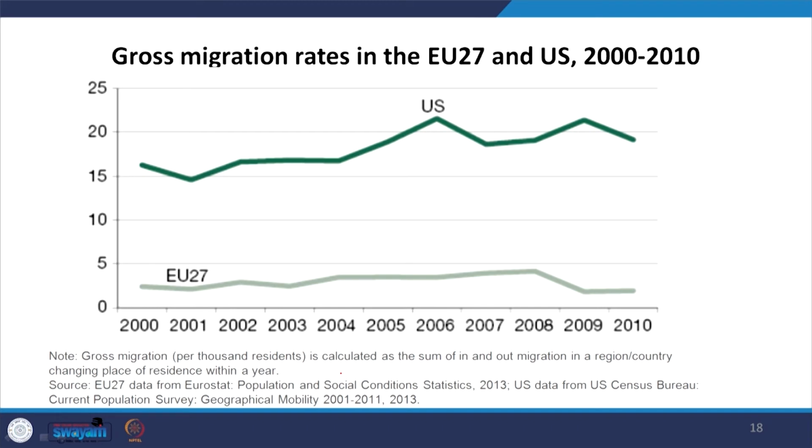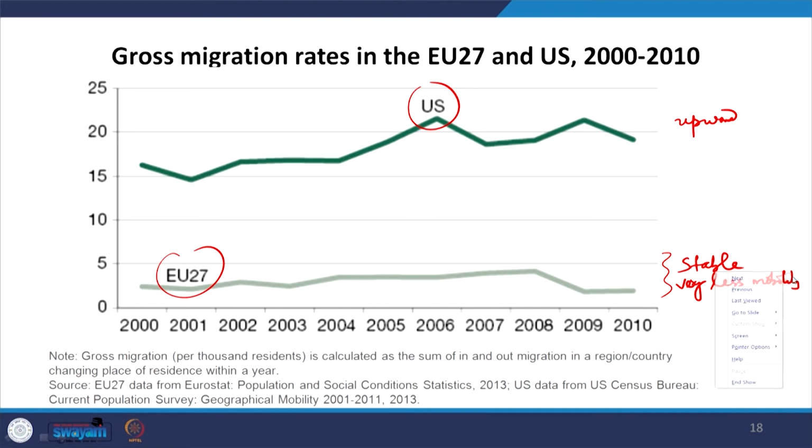So, whatever argument we make, it is visible: more or less stable or downward movement in the Euro area, but upward in the US, and very little mobility within the EU and within countries.